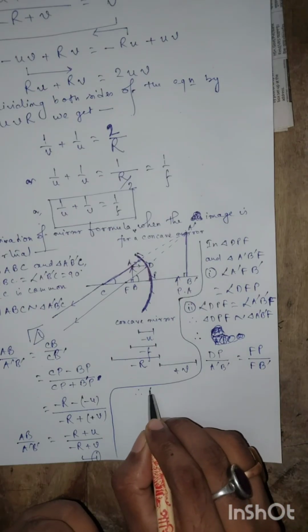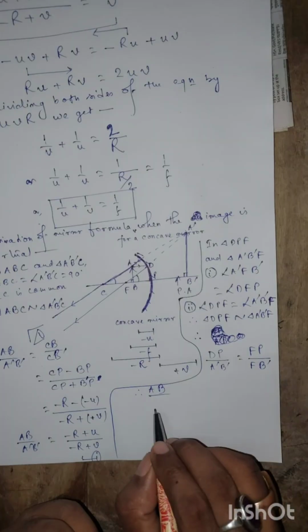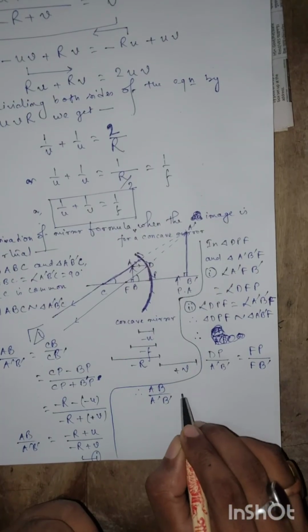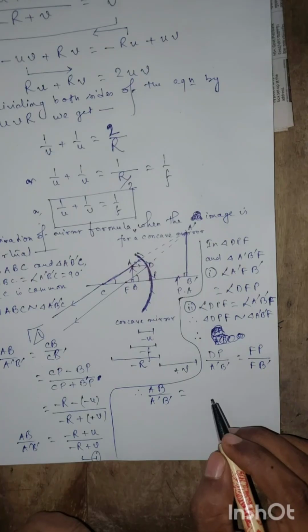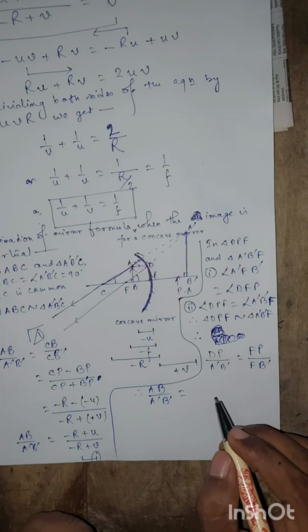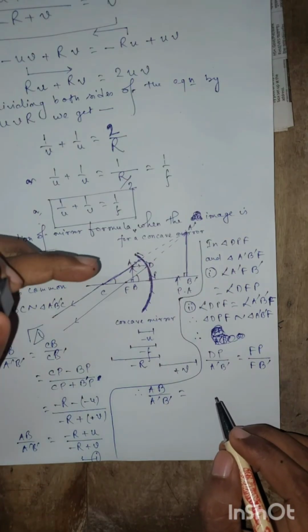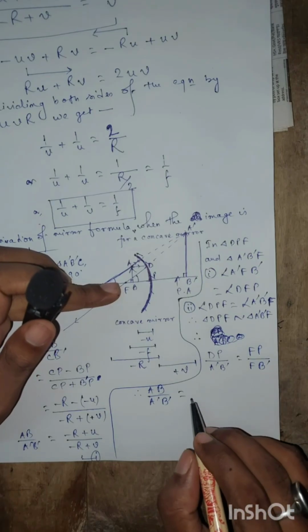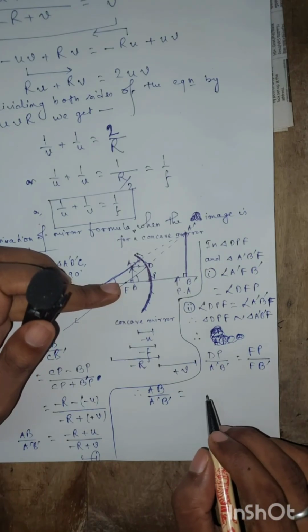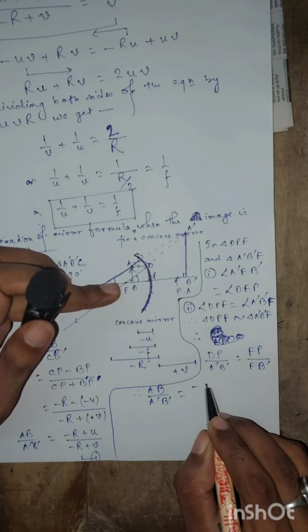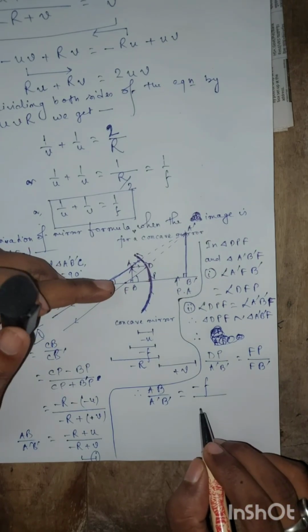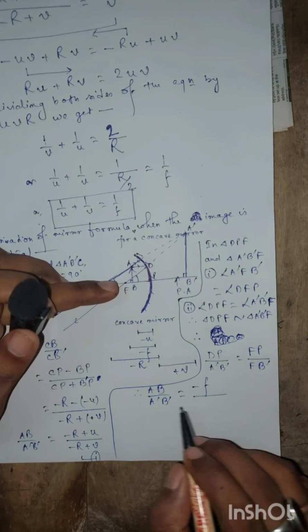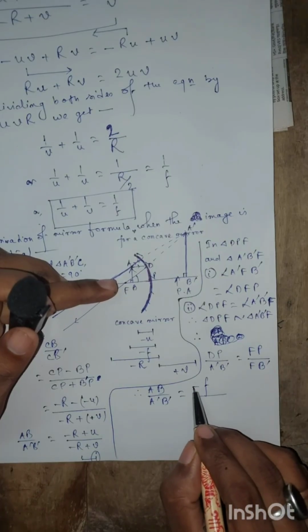FP is actually focal length, so it can be written as minus f.